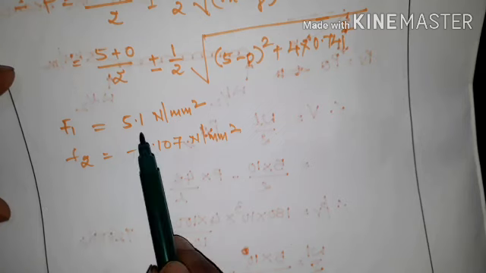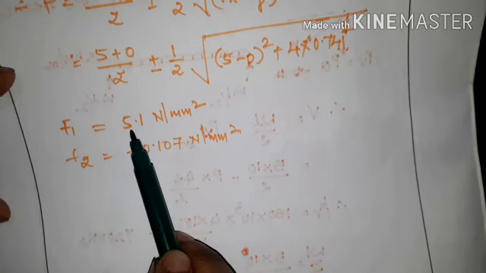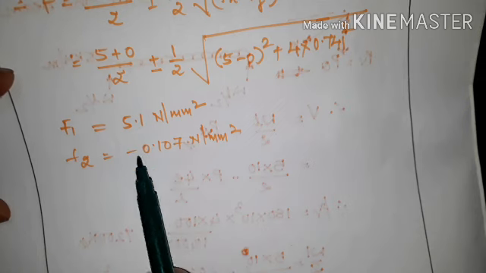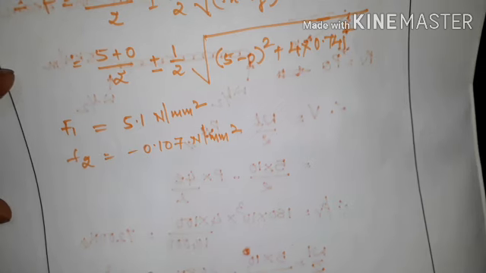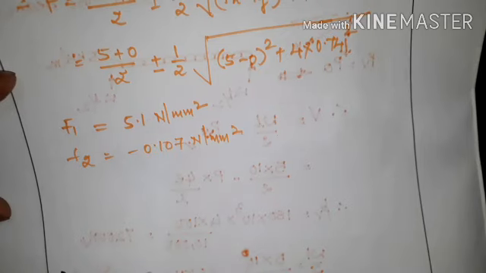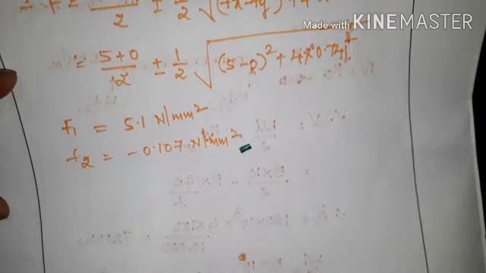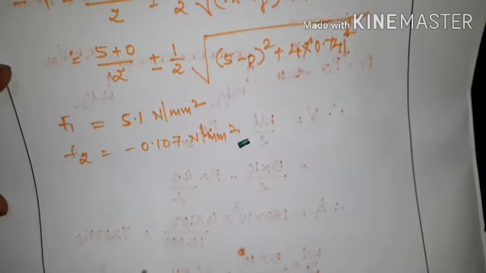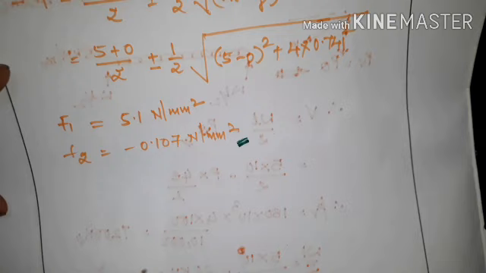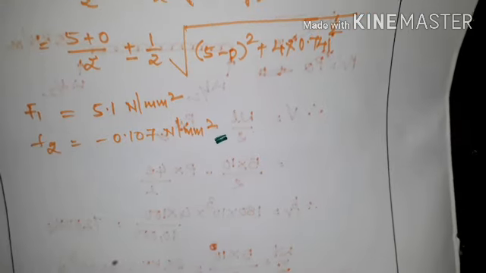So this is compression, this is tension. The compressive principal stress is 5.1 and the tensile principal stress is minus 0.107 Newton per mm square. So these are the principal stresses developed in the concrete. This is regarding today's session. Thank you.